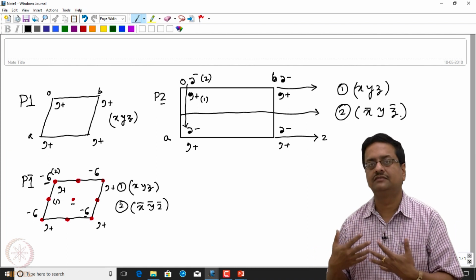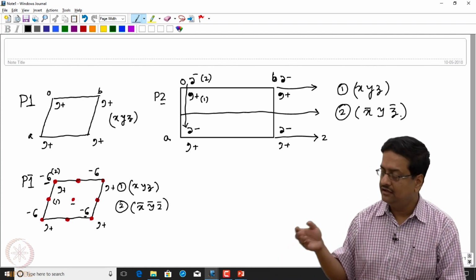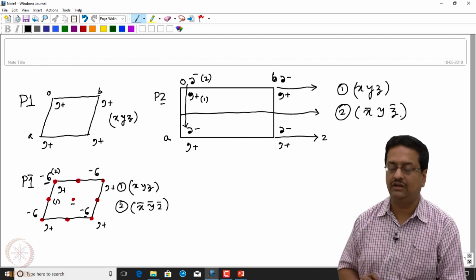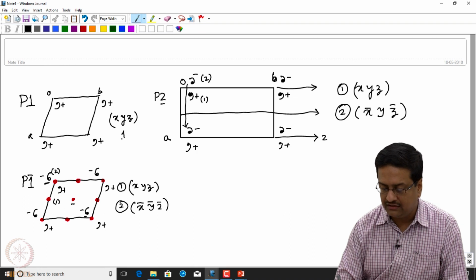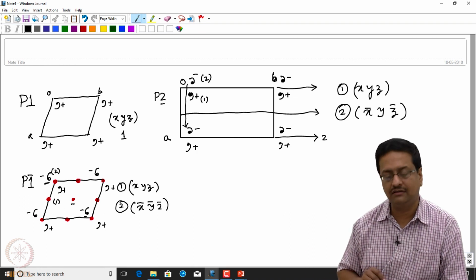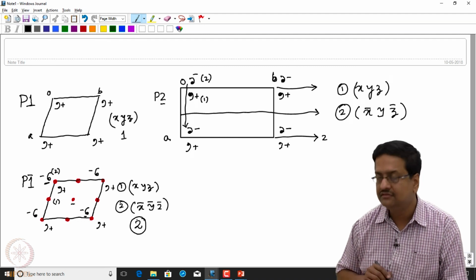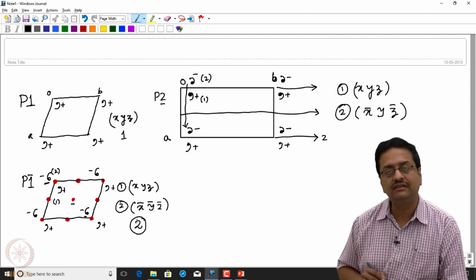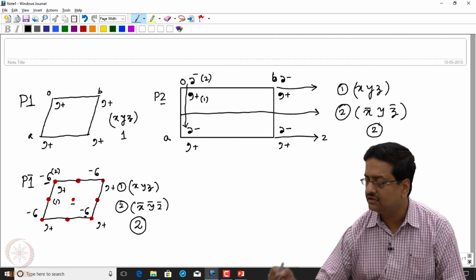So the coordinates of x and z should change the sign and generate the two equivalent points. So here we have one equivalent point in case of P1. In case of P1 bar, we have two equivalent points. It is centrosymmetric. Here we have two equivalent points, but it is non-centrosymmetric.